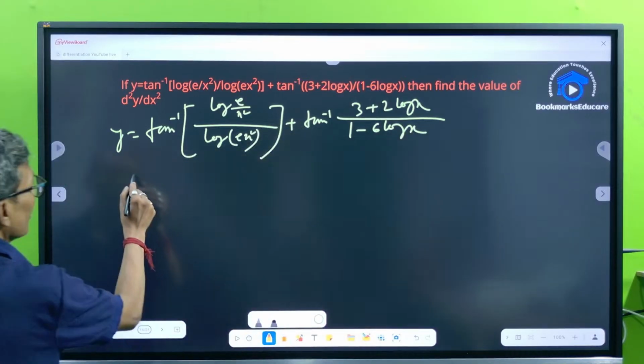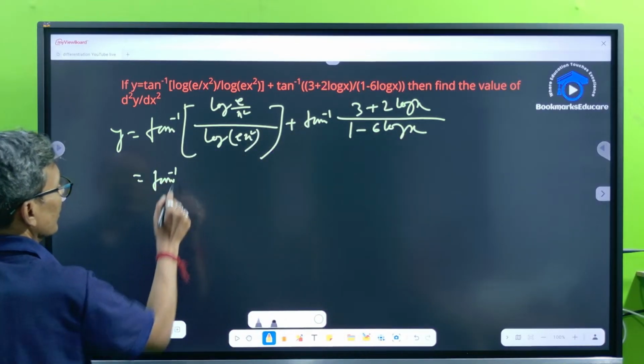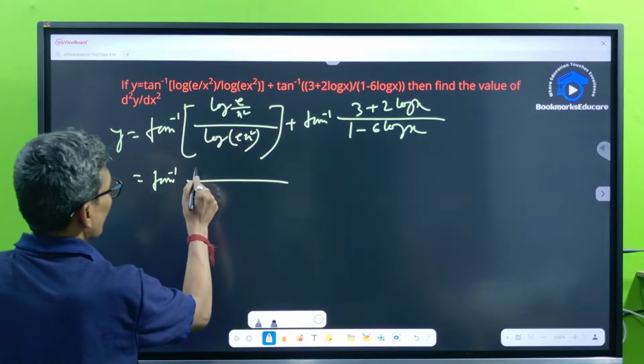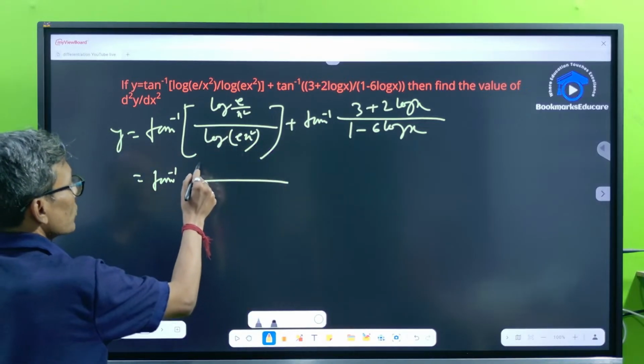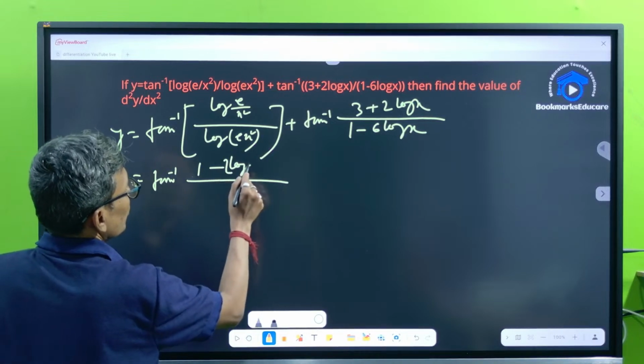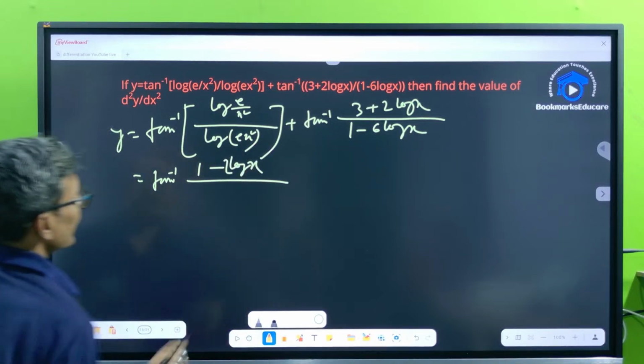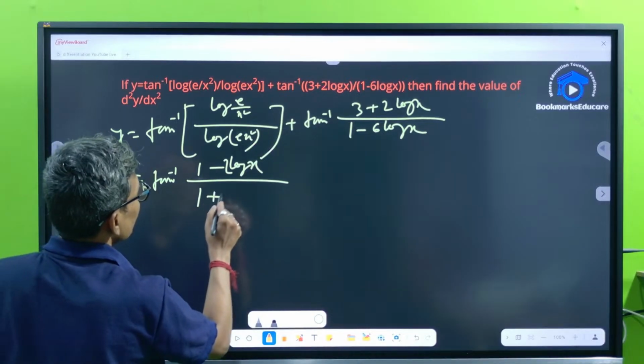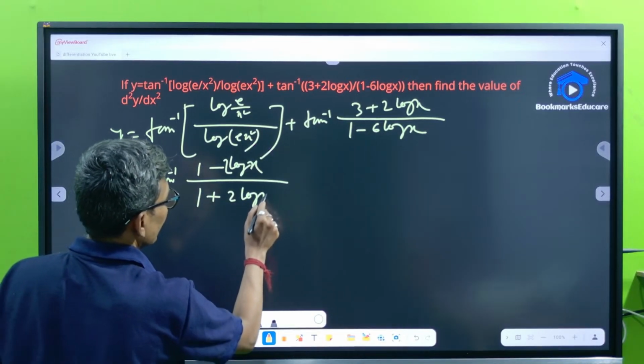So tan inverse, इसका मतलब log e means 1 minus log का formula apply कर देता हूँ यहाँ पर, log x square means 2 log x by 1 plus 2 log x.